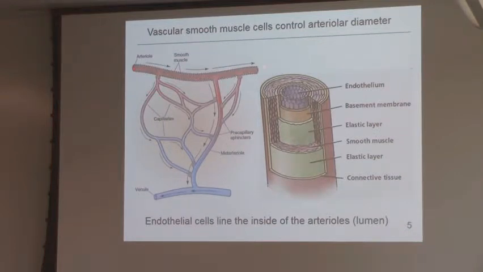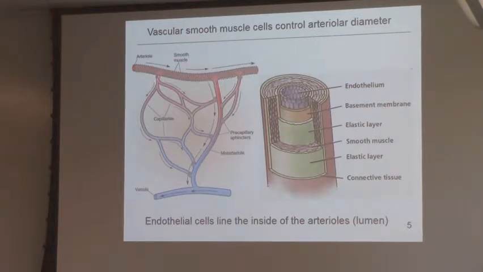So the arteriole changes diameter in response to the needs of the muscle, the needs of whatever tissue that capillary bed is networked into. Whether it's brain or skeletal muscle or cardiac muscle or liver, kidney, whatever. There are also, notice here, this little structure here and here and here, so-called pre-capillary sphincters, rings of smooth muscle that control flow.